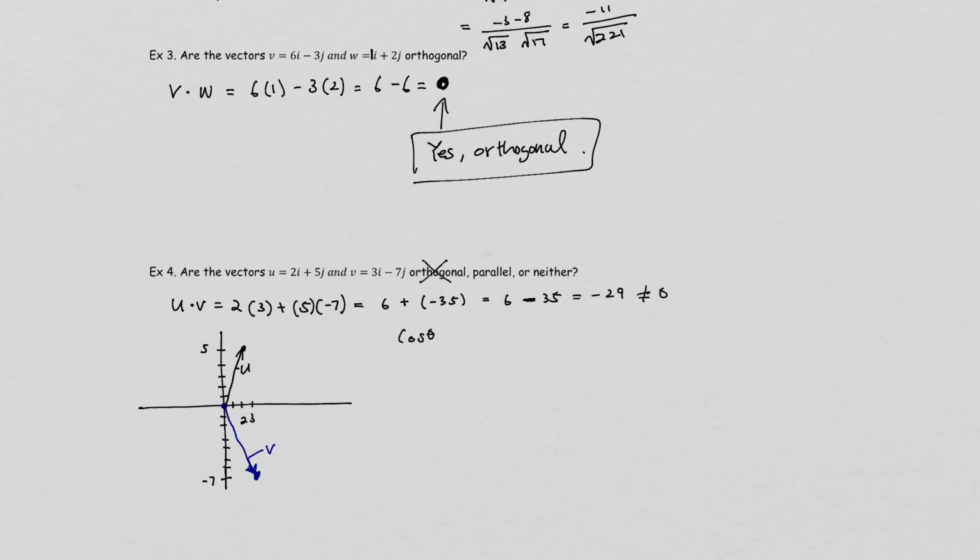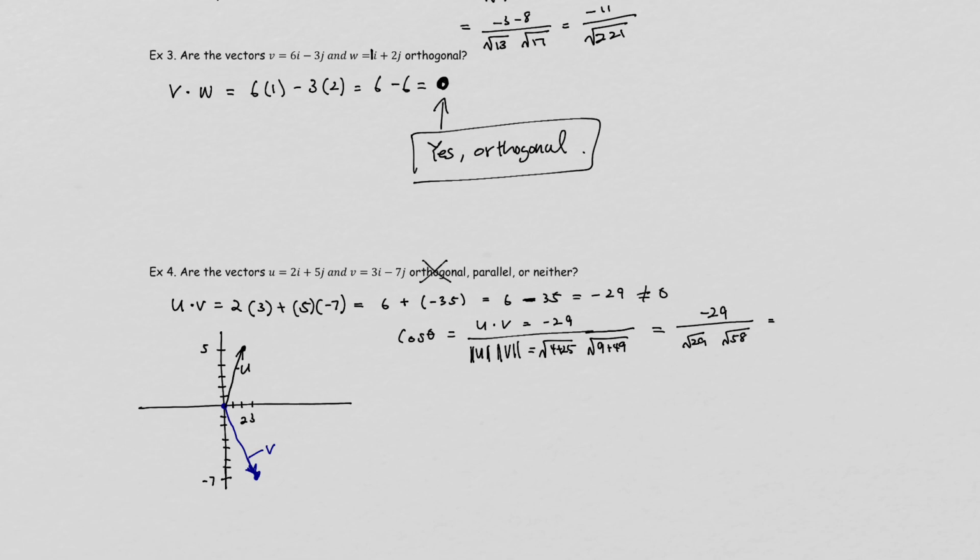So cosine theta is, we already found u times v, which is negative 29 on the numerator, right? The denominator is the magnitudes: the magnitude of u and the magnitude of v, so you have the square root of 4 plus 25 times the square root of 9 plus 49, which will give you negative 29 over the square root of 29 times the square root of 58.